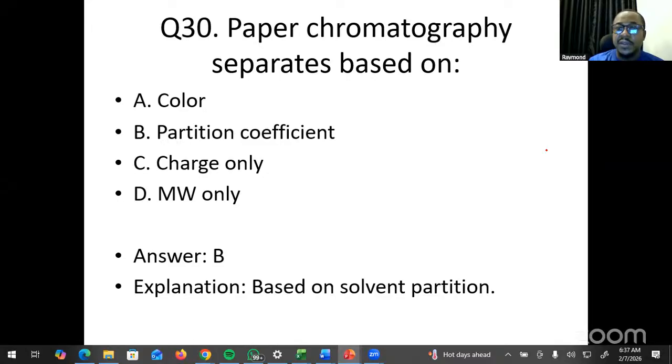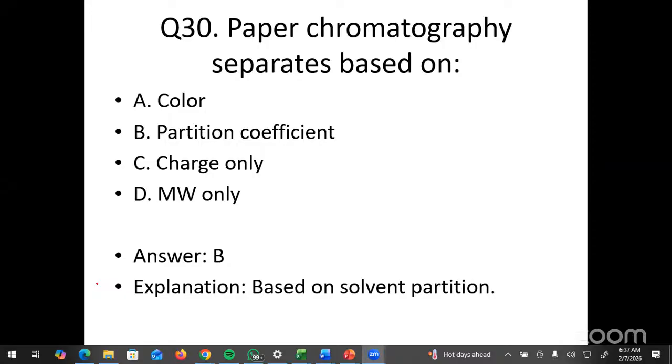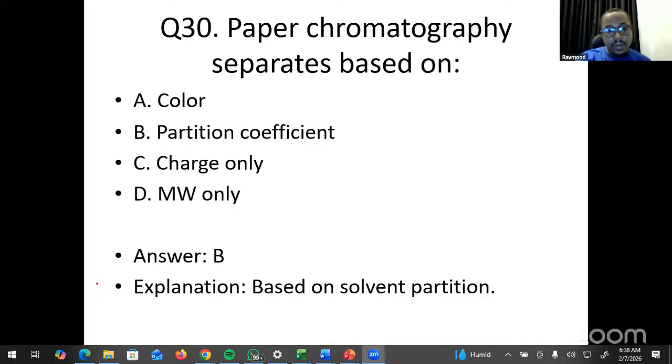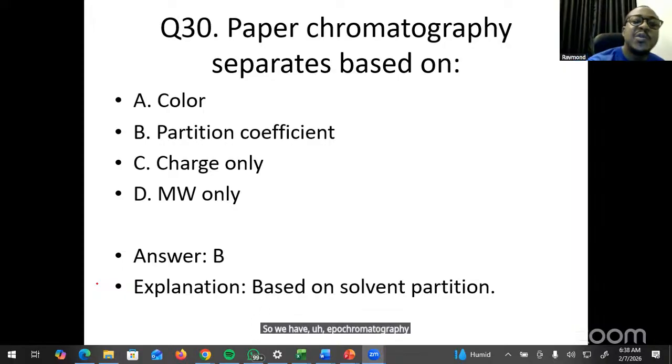Paper chromatography separates based on partition coefficients.